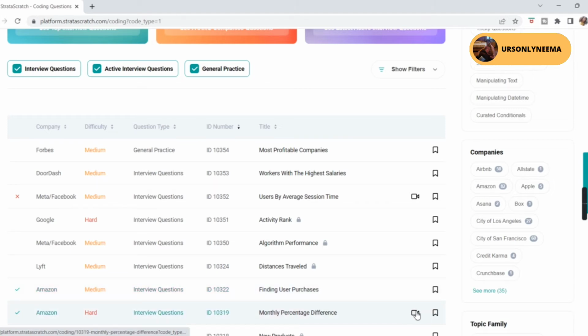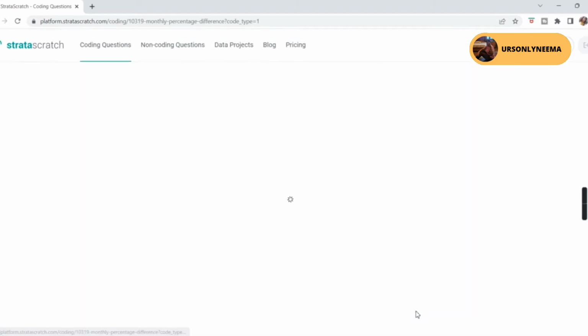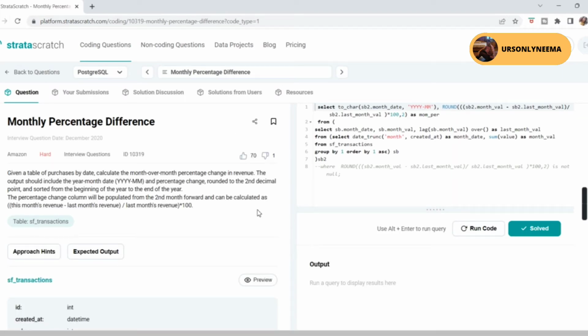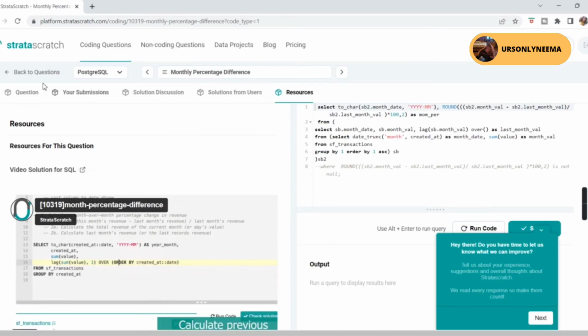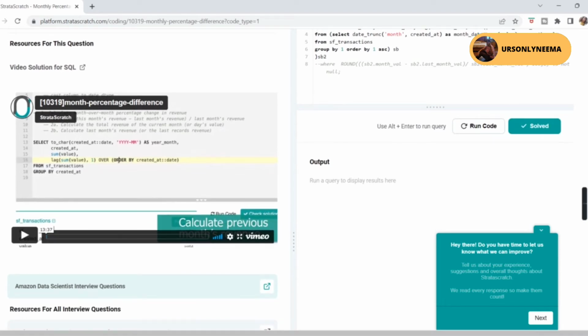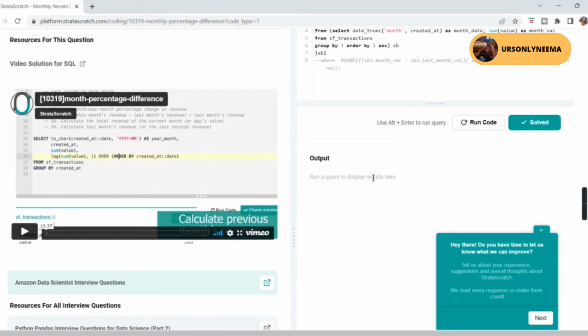So if you click on one of these video options, you can see that they themselves have a video for the solution. So here you can see, if you go to the section, they have this video solution. This is one great thing that I found that differs from various websites that are available.